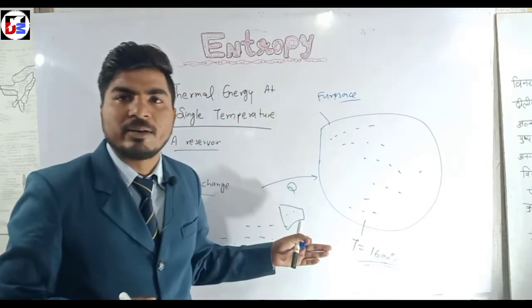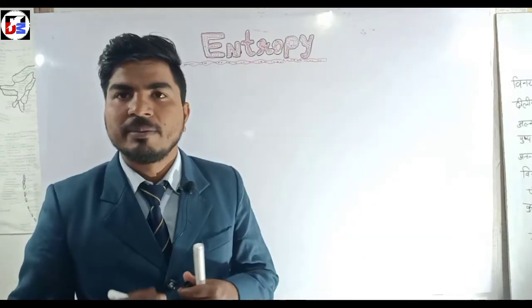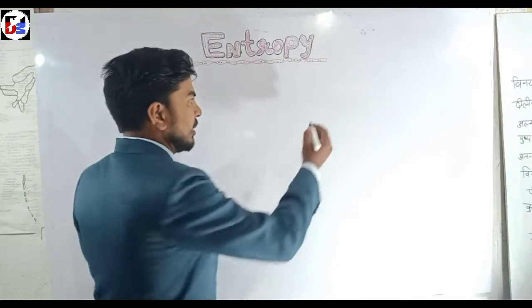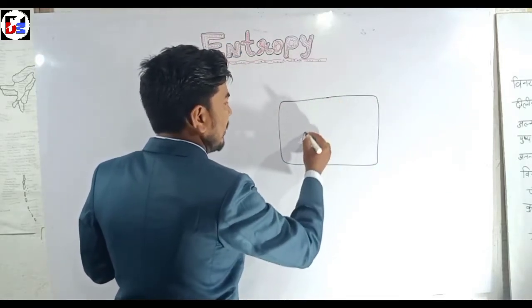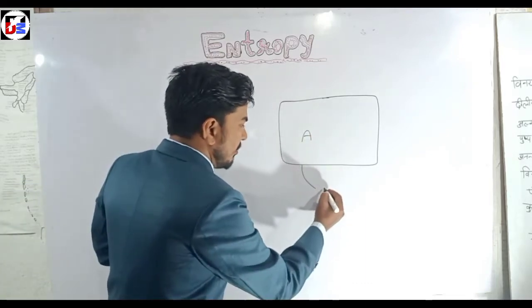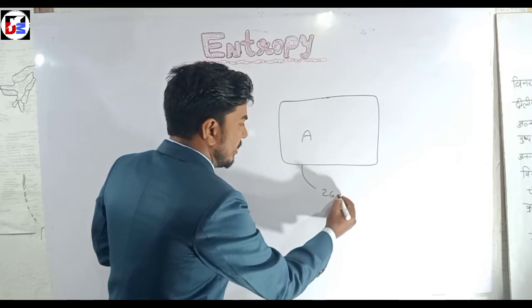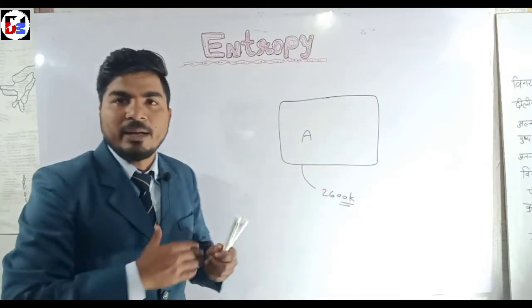And we ask how the entropy of this reservoir changes. If a problem is given, this is reservoir A, and its temperature is maintained at, suppose, 2600 Kelvin, and we provide some heat.